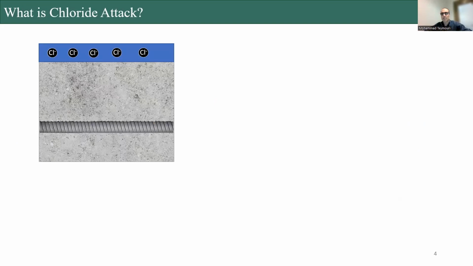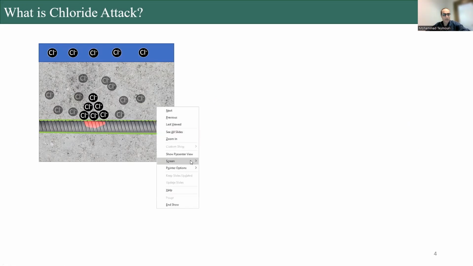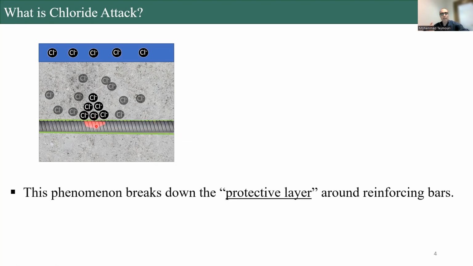So the first question is, what is the chloride attack? Regardless of the type of chloride that we have, the chloride ions can penetrate the concrete after a while because concrete is a porous material. And some of these chloride ions can reach the surface of the rebar and initiate something called corrosion of the concrete. And why is it bad? Because first of all, we will lose the protective layer, the green layer around the rebars.